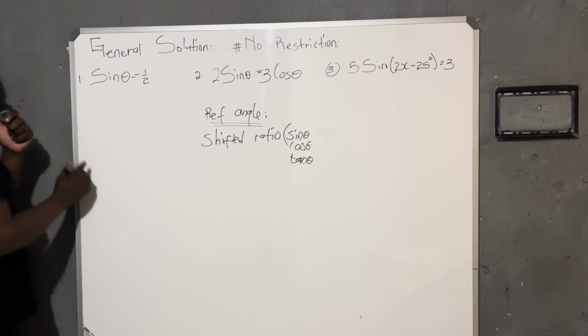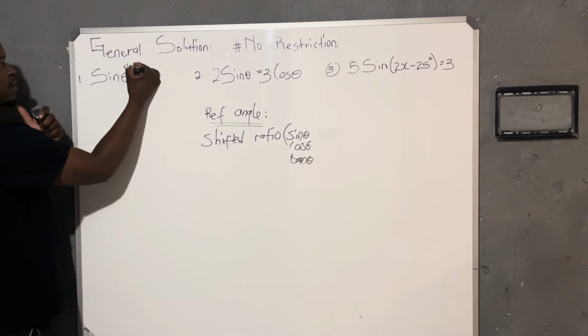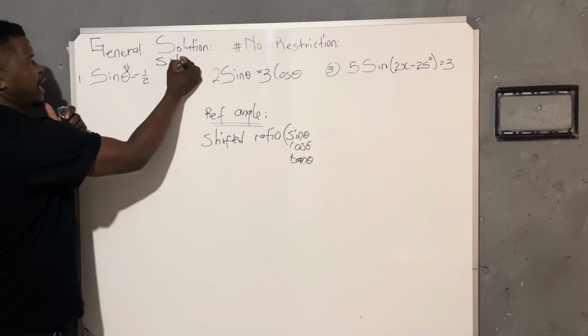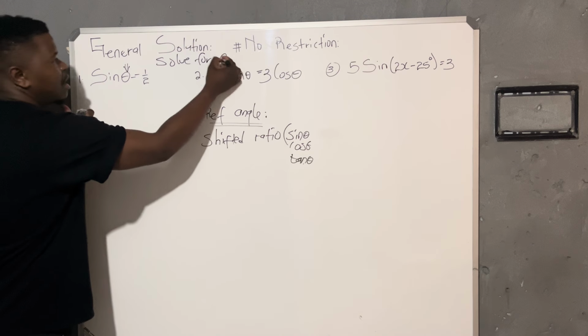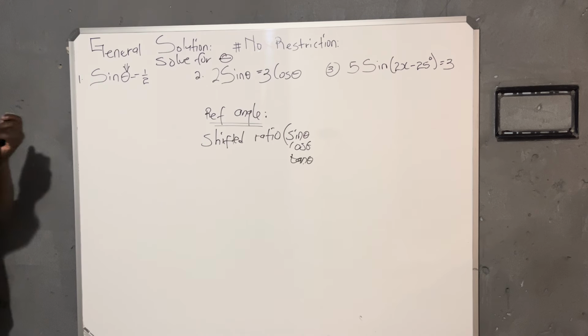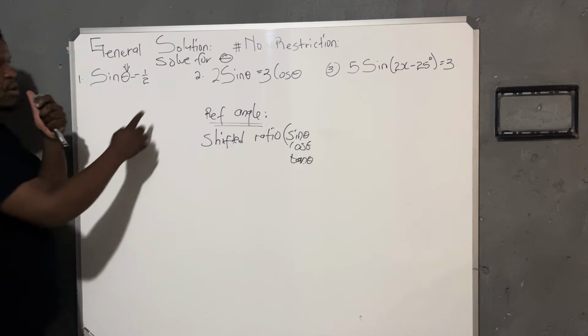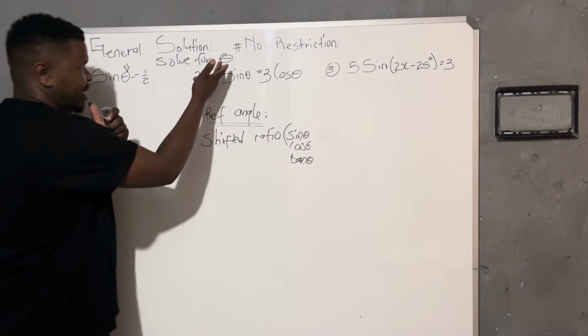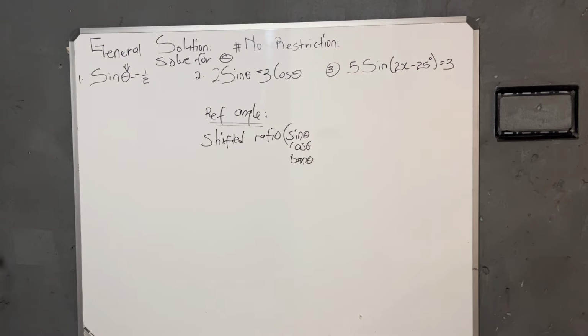Now, let's start here, because I'm looking for this. Basically, all this is like we are solving for theta. It's an angle. We are not solving for a reference angle. We are solving for an angle, theta, which is somehow different when we are talking about general solution.